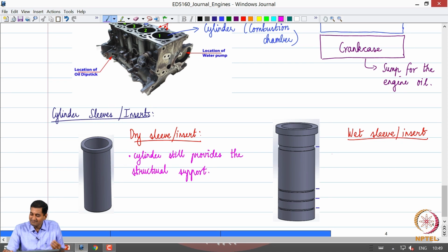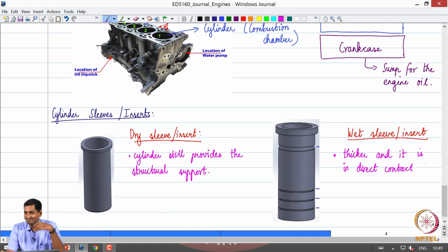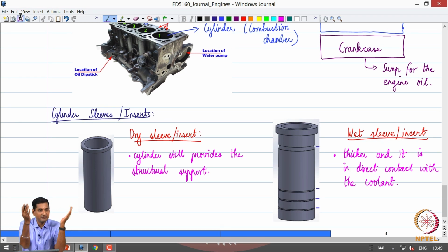A wet sleeve is thicker, and it is in direct contact with the coolant to enable better heat dissipation. So the outer periphery of the wet sleeve is in direct contact with the coolant in the cylinder cavity.